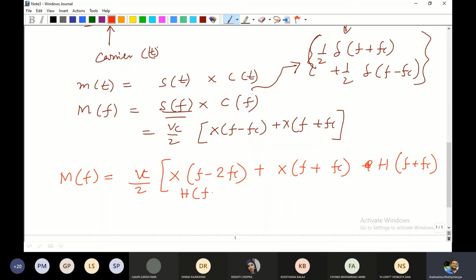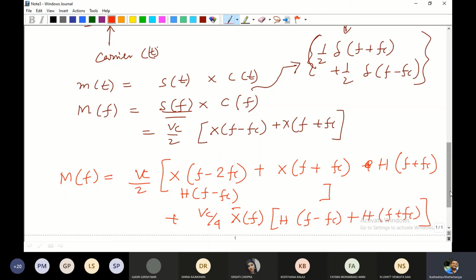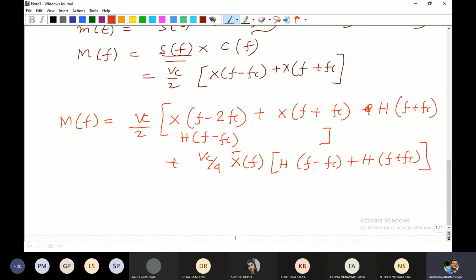So this is in brackets, plus the other term should be Vc/4 X(f) [H(f - fc) + H(f + fc)]. So this is the overall expression that will come in.